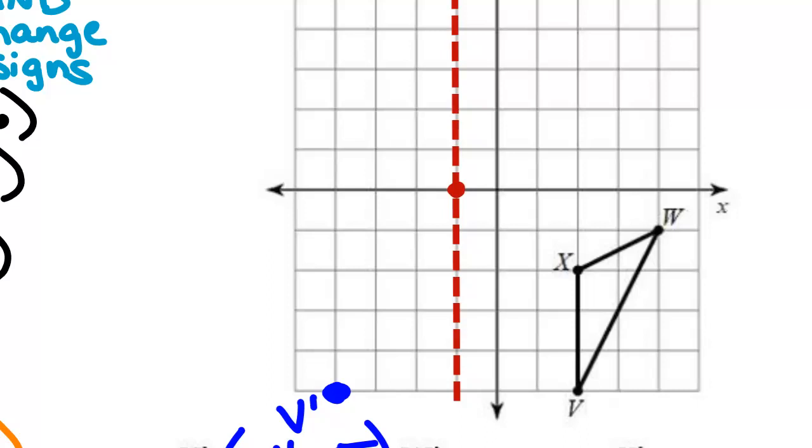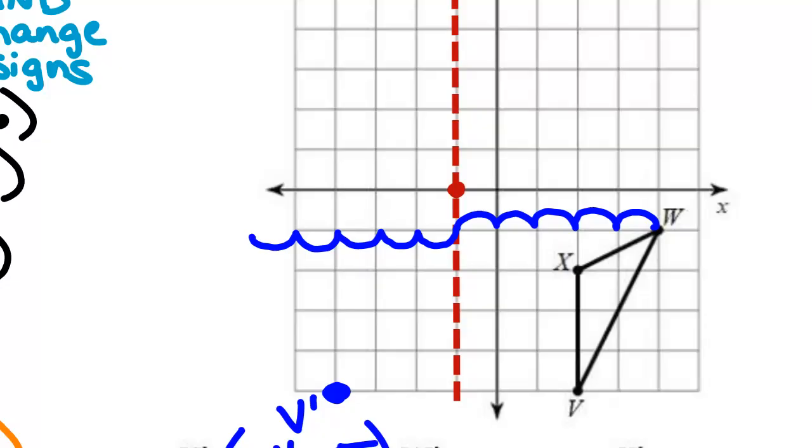Now we're going to do point W. How many hops to get from W to the line? Let's see. 1, 2, 3, 4, 5. So on the other side, we go 1, 2, 3, 4.